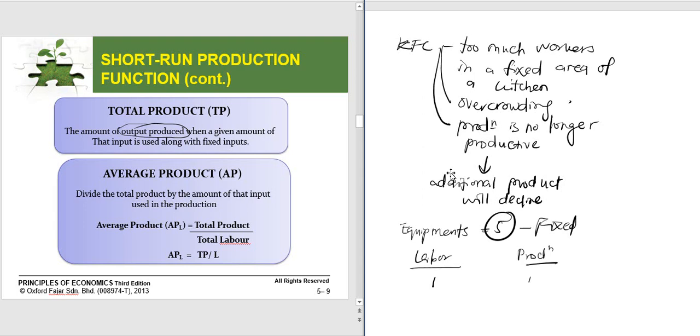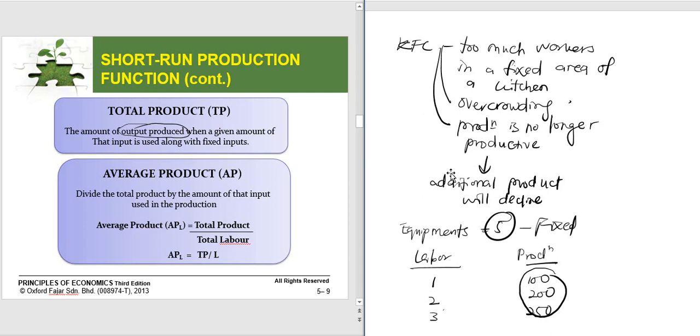Let's say you can produce 100. If you add 2 labors, maybe your production will increase from 100 to 200. And if you add more labors, you can increase your production more, let's say 250 and so on. So from here, you are given the total product. This is the total product when you use a certain number of labor.